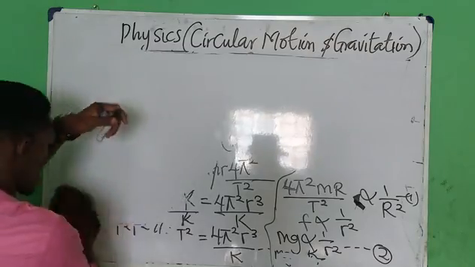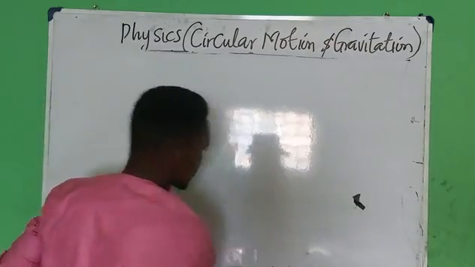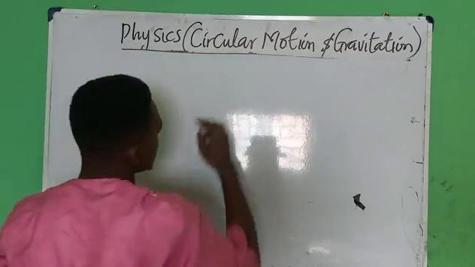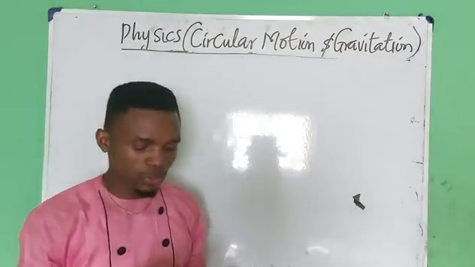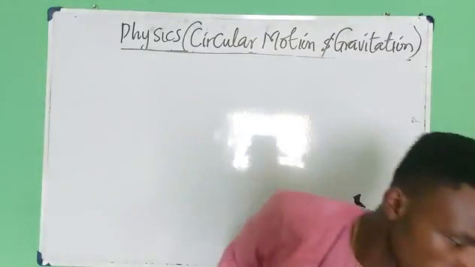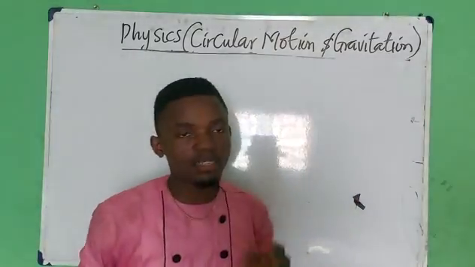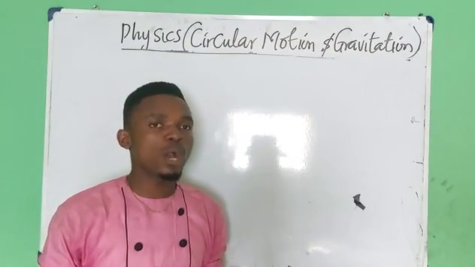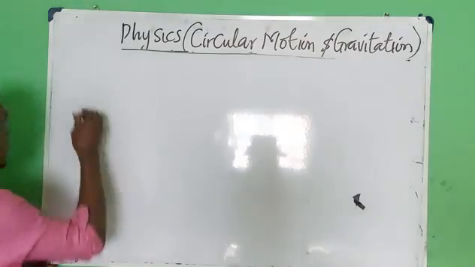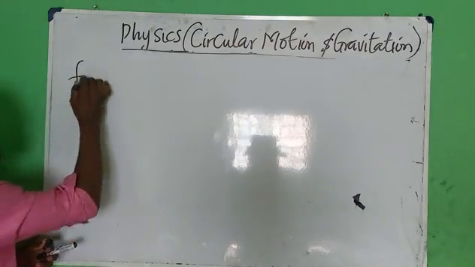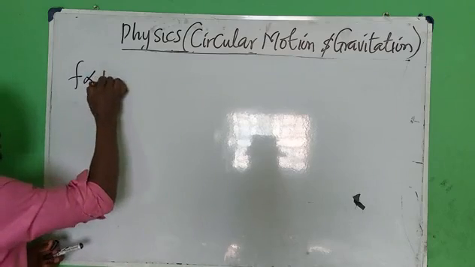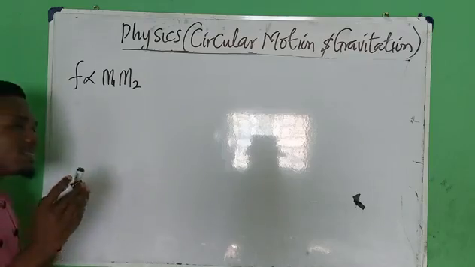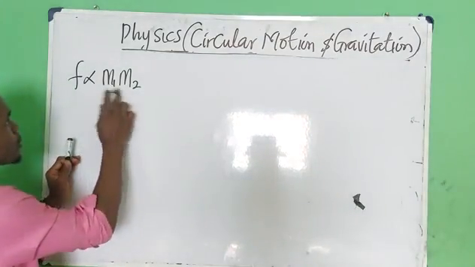What did Newton say about it? That is Newton's law of universal gravity. That is a complete word. What does the law state? The law states that the force of attraction between two masses, m1, m2, is directly proportional to their product.